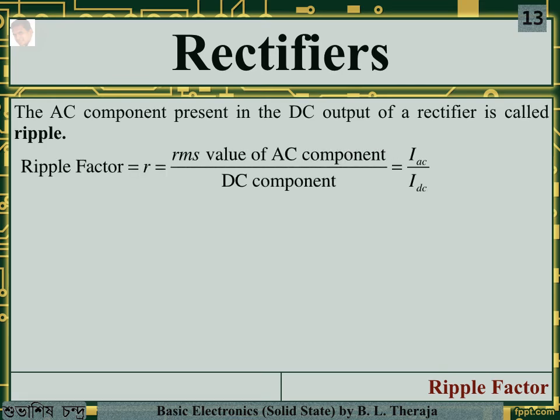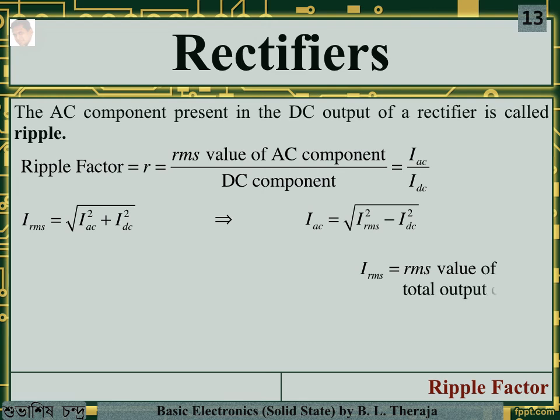The ripple factor R is defined as the ratio of the RMS value of the AC component of the output current to the DC component of the output current, that is IAC by IDC. The RMS value of the total output current is given as root of IAC square plus IDC square. That is, the RMS value of the AC component can be given as root of IRMS square minus IDC square.